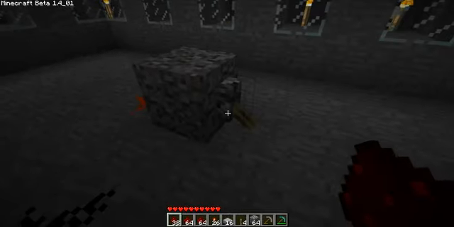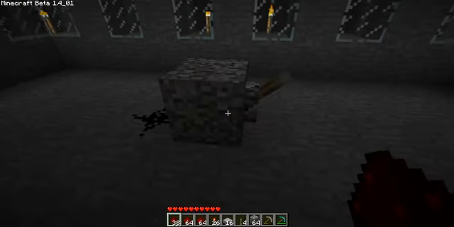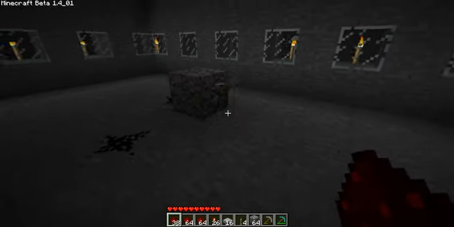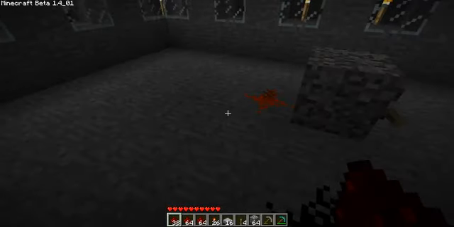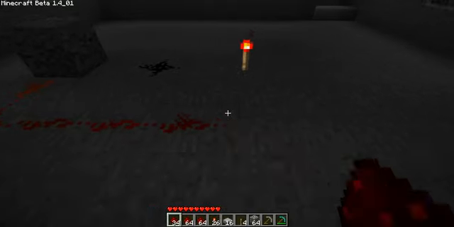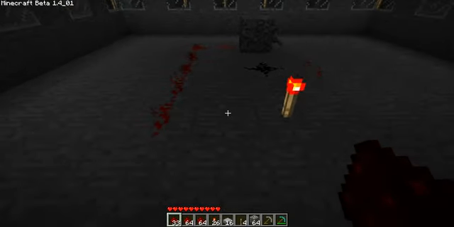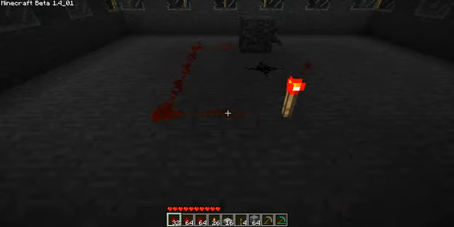Redstone wiring has two states, on and off. I refer to them as positive and negative, but whatever works for you. So the basic idea is redstone torches power themselves when subjected to a positive current.